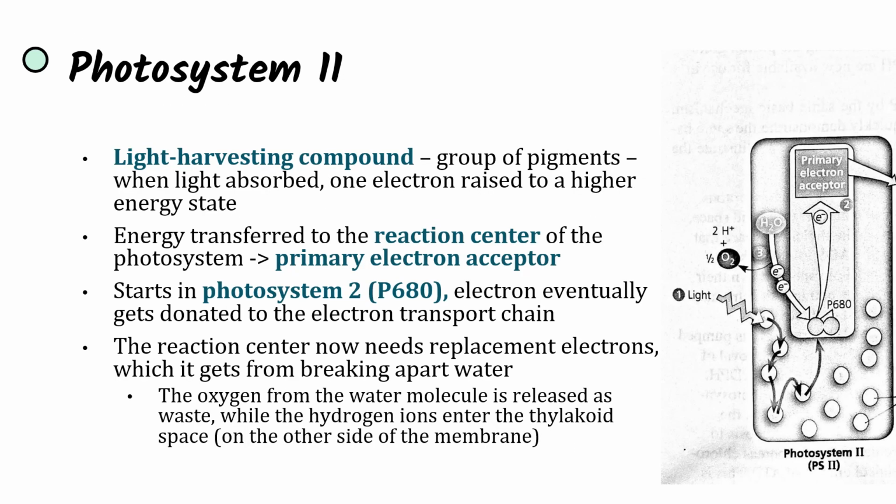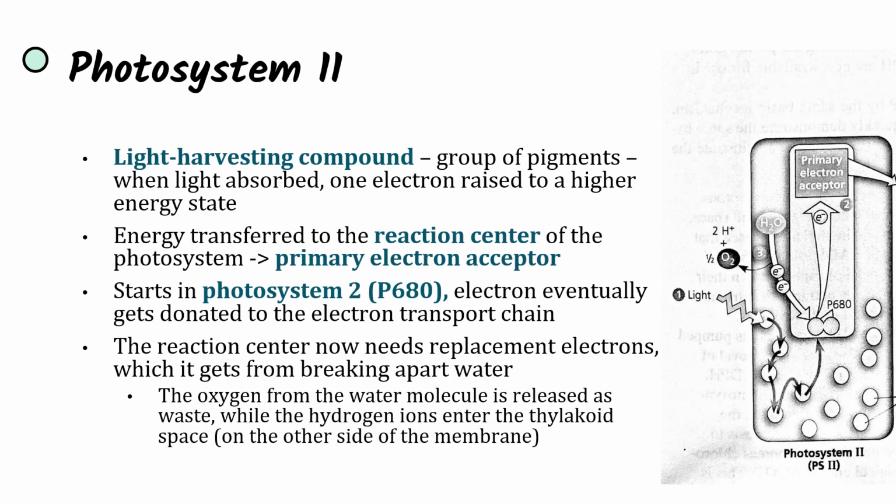So, photosystem 2, otherwise known as PS2, begins with a light harvesting compound. And this is a group of pigments that when light is absorbed, one electron is going to be raised to a higher energy state. It is going to become quote-unquote excited. And this energy from the electron is then transferred to the reaction center of the photosystem and later to the primary electron acceptor.